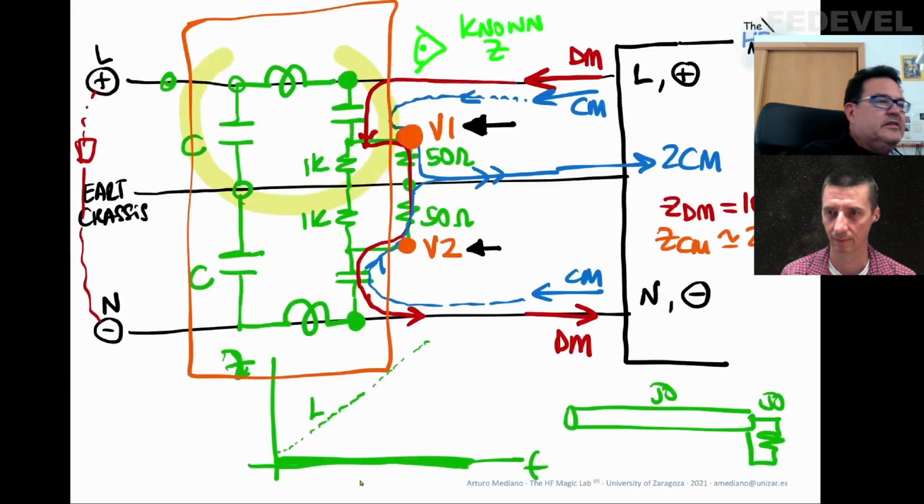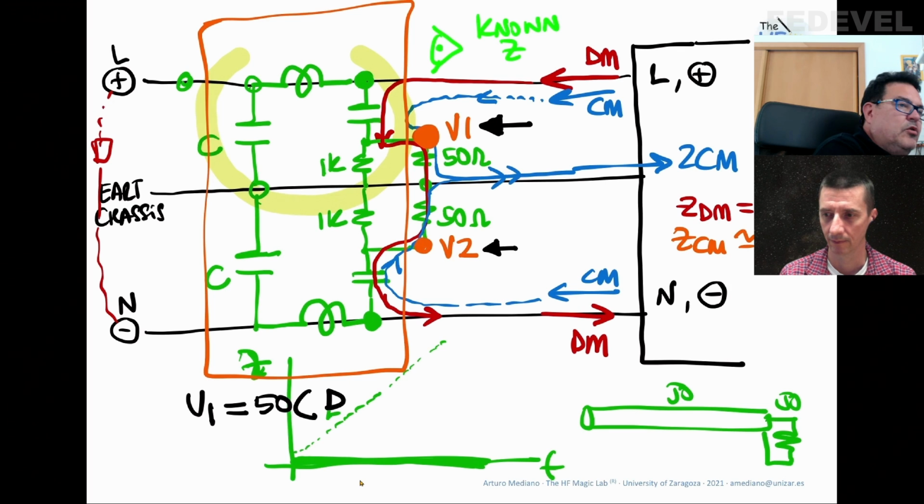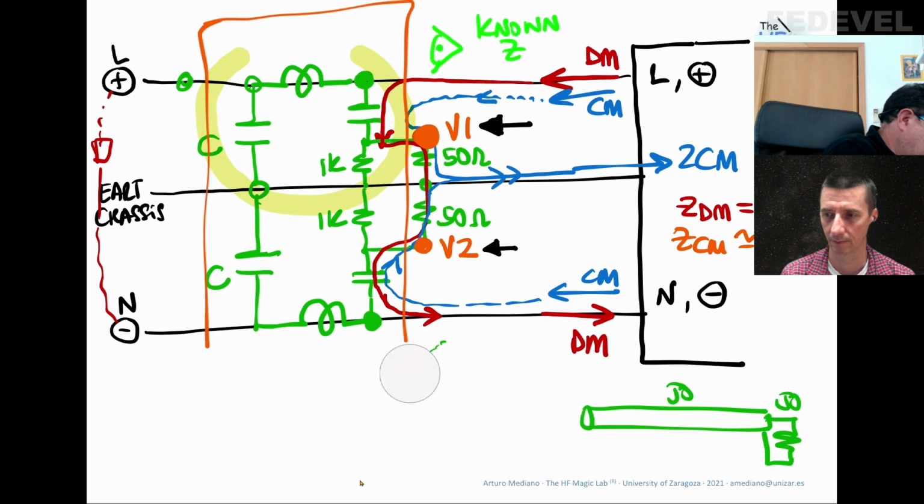If you look at this, it's easy to see that, now we will be measuring this, this is V1. V1 is 50 ohms multiplying the current in differential mode plus the current in common mode.